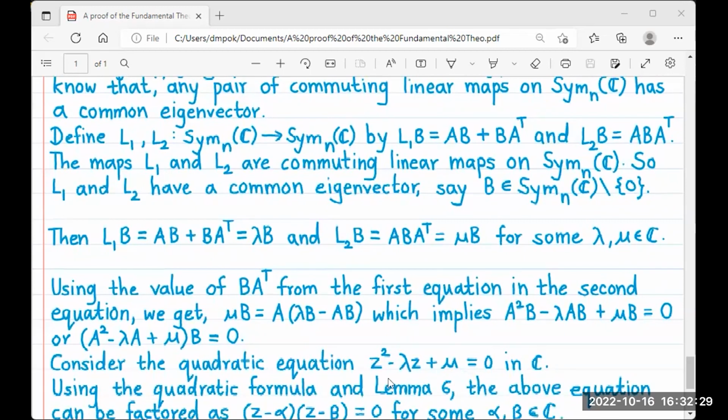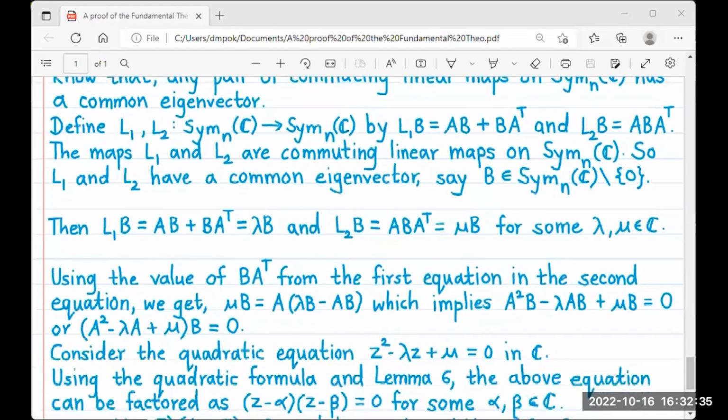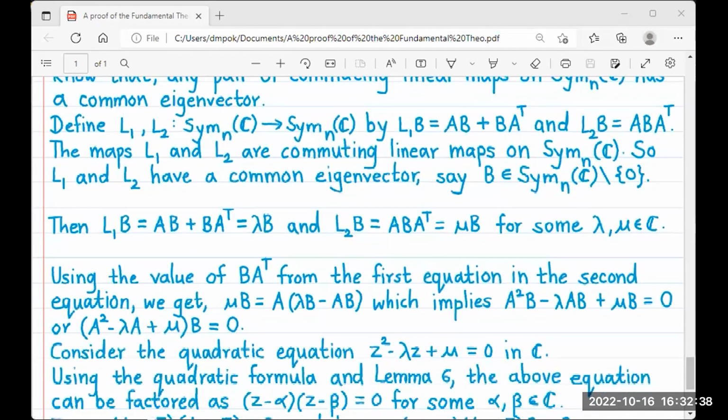In other words, we can factorize the polynomial Z² − λZ + μ as (Z − α)(Z − β) for some α and β in C. Note that this is where we are using the complex vector space. We cannot do this with a real vector space.